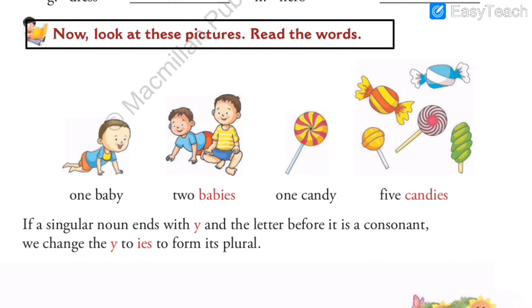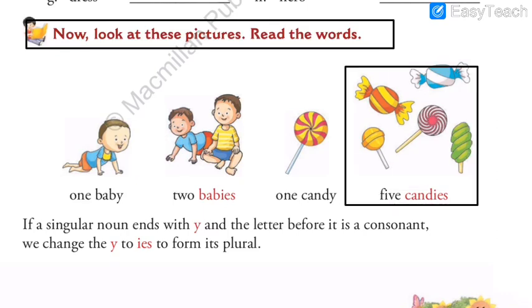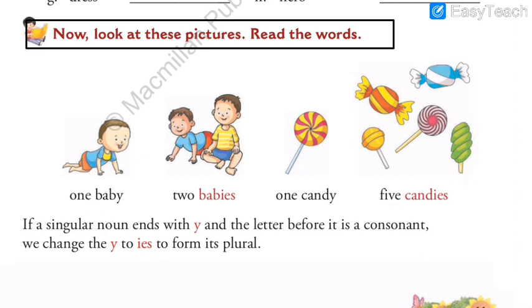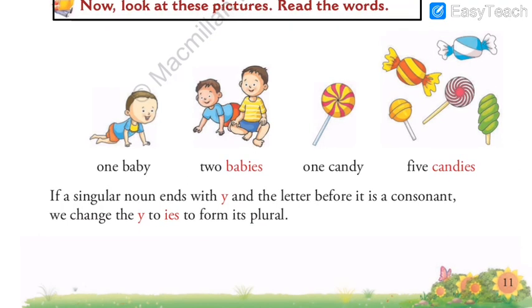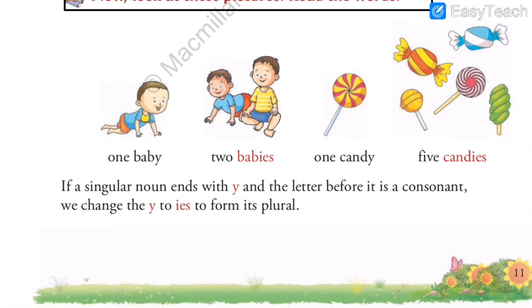If they have asked us to read, we will read. 1 baby, 2 babies, 1 candy, 5 candies. See, there are no babies at my home, but still I like candies very much. So I am not going to give you up. But candy is not good for your tooth, correct? So better not to eat much.